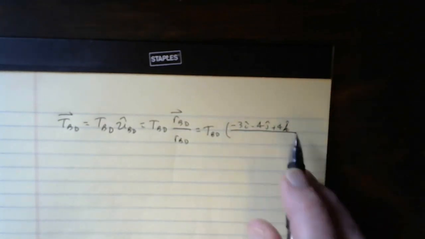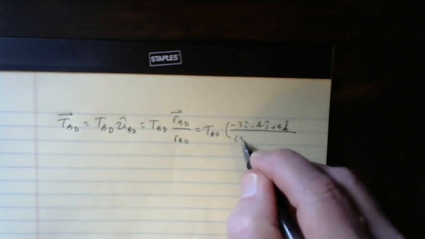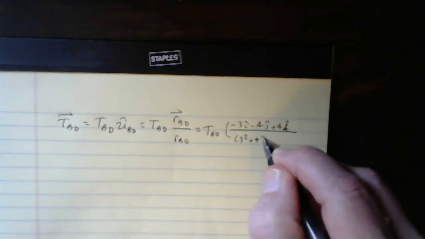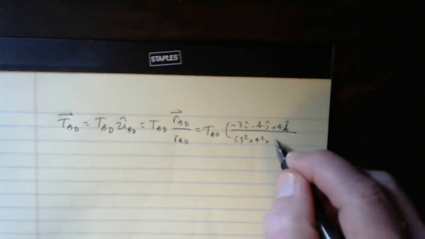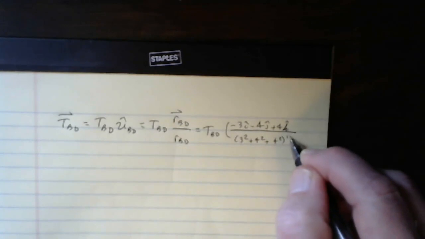There's the position vector RBD, and then I divide that by the magnitude, 3 squared plus 4 squared plus 4 squared, to the 1/2.